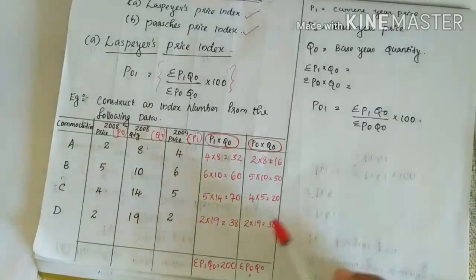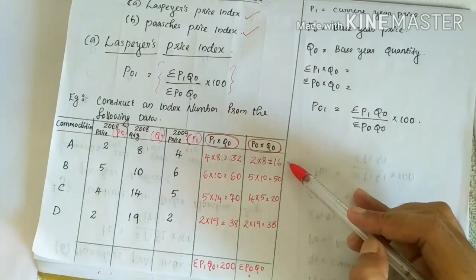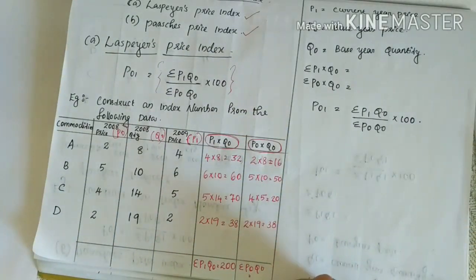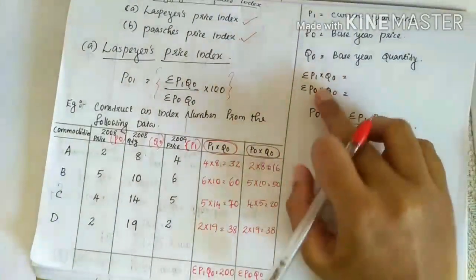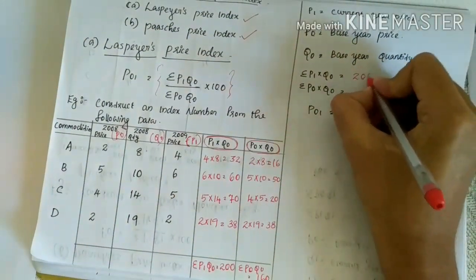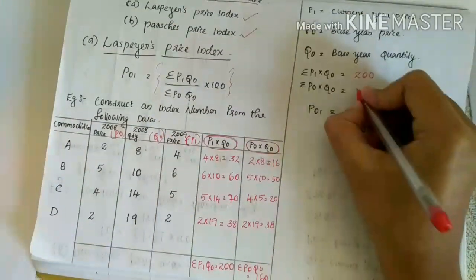After that, calculate sigma P0 into Q0, that is the total of the P0 into Q0 column. That is 16 plus 50 plus 20 plus 38. The answer is 160. So we get sigma P1 into Q0 as 200 and sigma P0 into Q0 as 160.